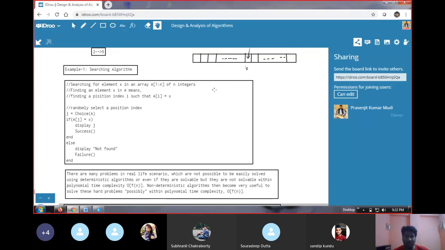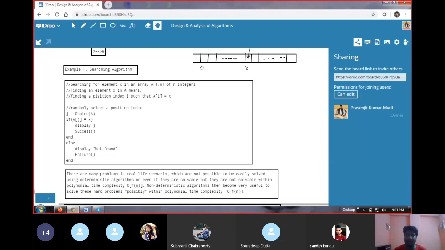So it's a one-shot check. If the value x is present there, it's a success, otherwise it's a failure. It's equivalent to a random experiment, so if I conduct the experiment several times, I may achieve a success.